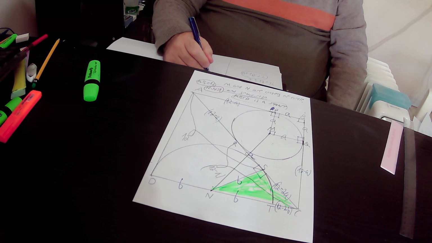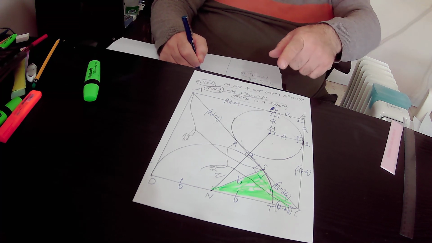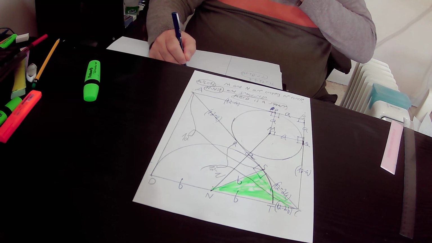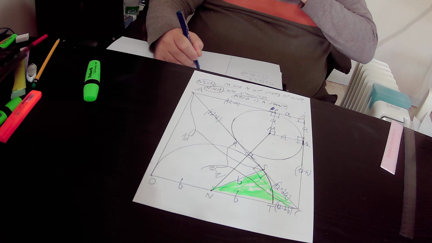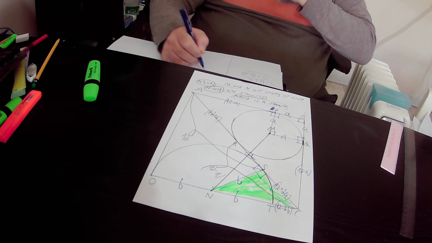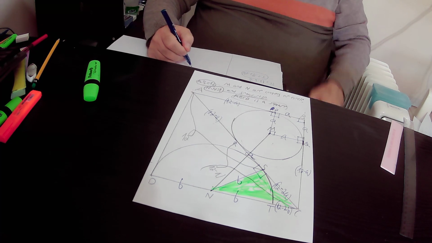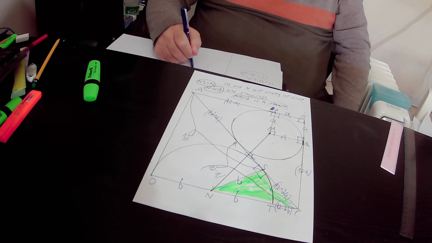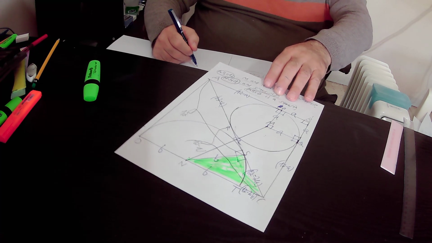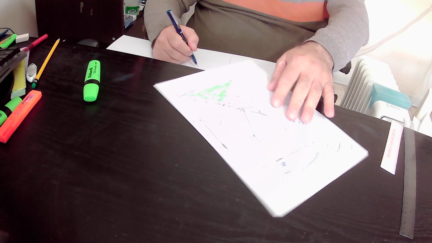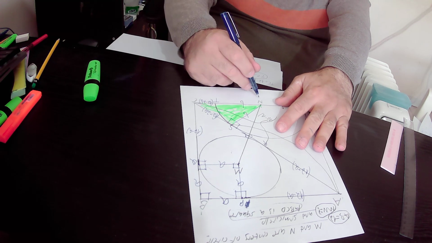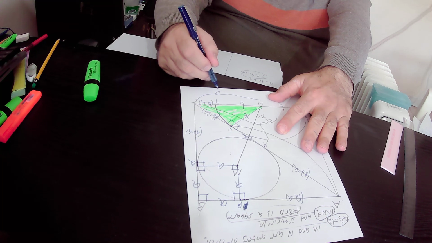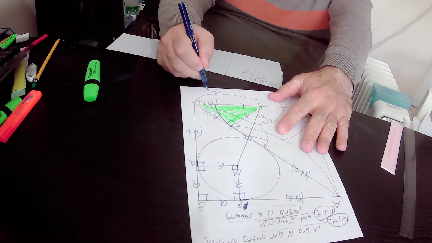That is to say, NC equals NT, that is B, plus TC, that is 12 minus 2B. That is to say, NC equals 12, B minus 2B is minus B. So in conclusion, we found out that NC equals 12 minus B. And we can write down that NC is equal to 12 minus B.